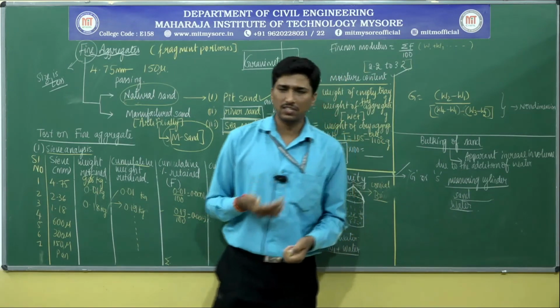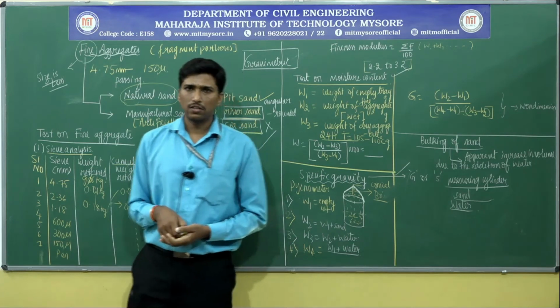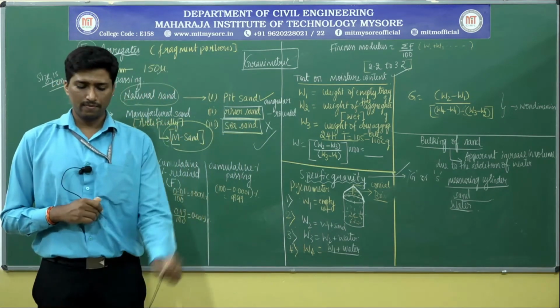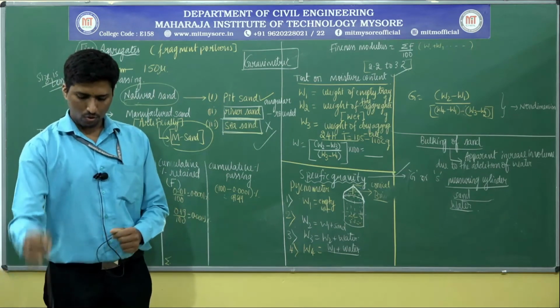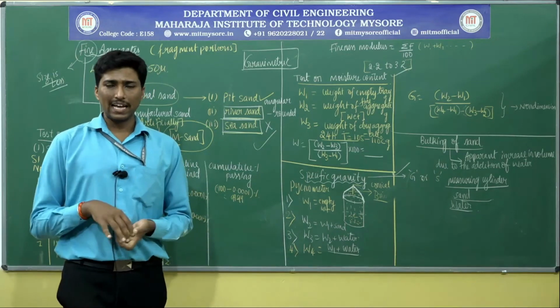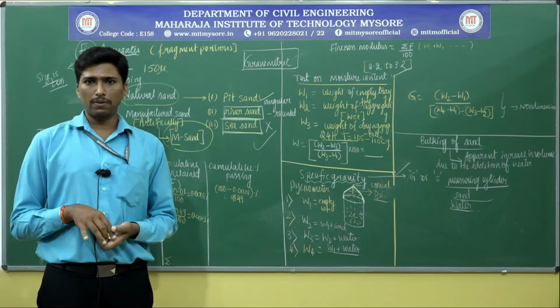Now, what happens here? Take 500 ml of sand by weight. It can be done either through weight or volume, because in the last class I mentioned that weight is proportional to the volumetric content.